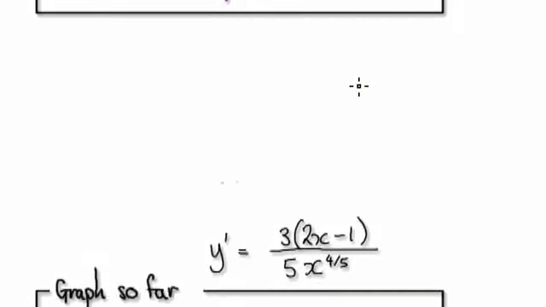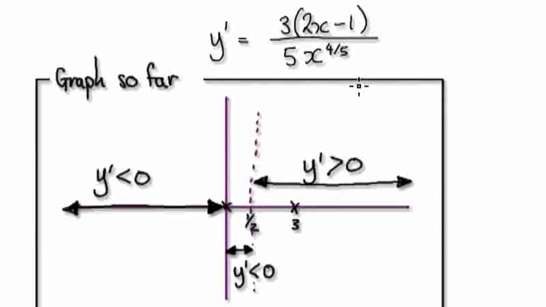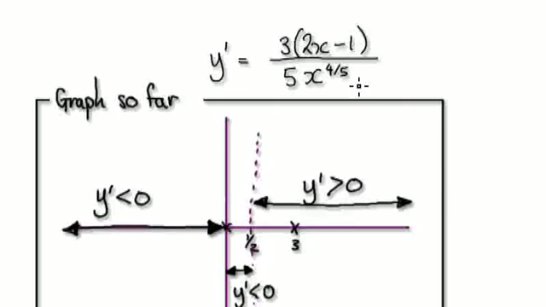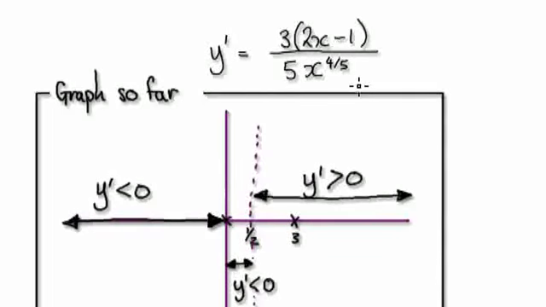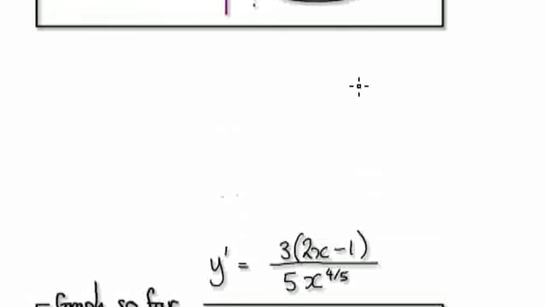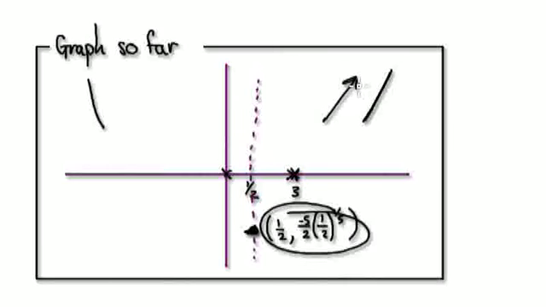So now let's evaluate in the region. We've got a critical point at x equals 0, and we've got a critical point at x equals a half.